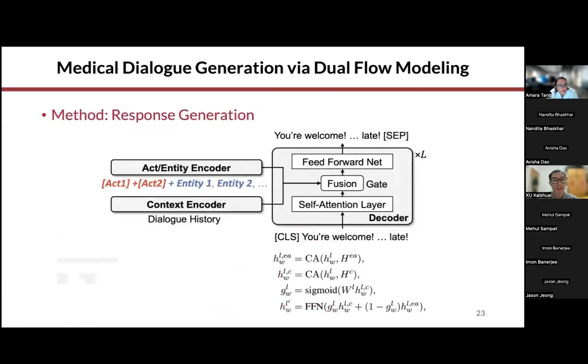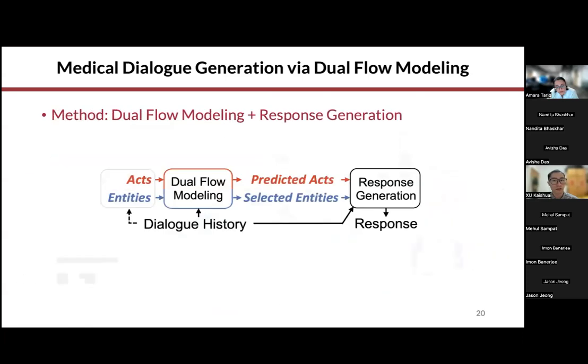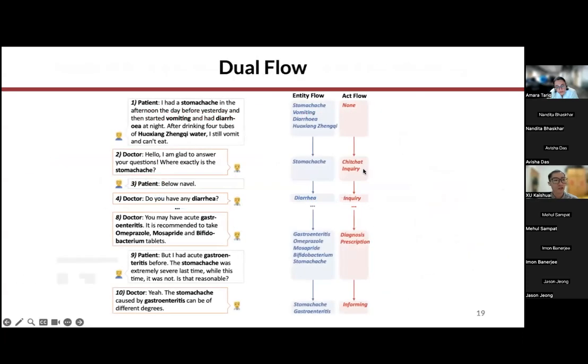Okay, macro entities include several types we extracted from the knowledge graph. The types include the disease, maybe 2,000 diseases that were included in our external knowledge graph, and the test.